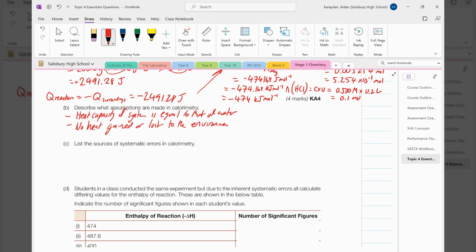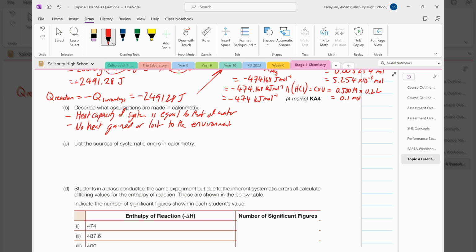So it is all just the water. So the surroundings is just the water. And that's pretty much it. The other one said something about the temperature changing, maximum temperature reaching before it's lost any energy, but that is pretty much the same as this one here.